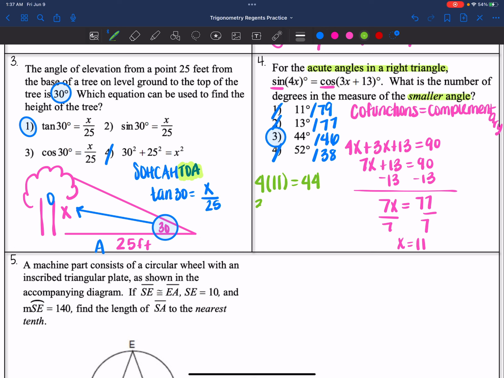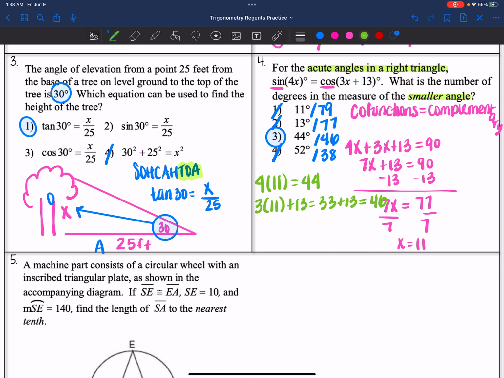Then I check 3 times 11 plus 13, which is 33 plus 13, which is 46. Between 44 and 46, 44 is my smallest angle. I indeed was correct with my theory that those two angles should be close to each other in measurement, and this justifies that algebraically.